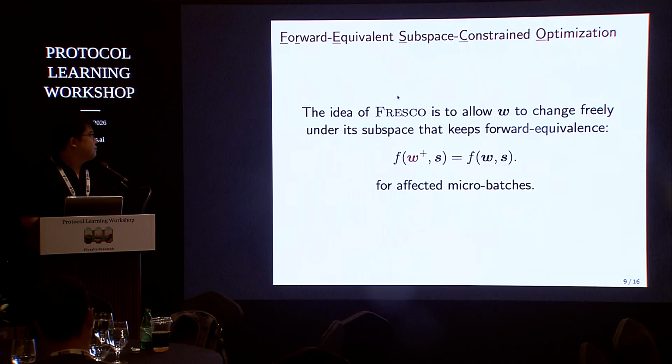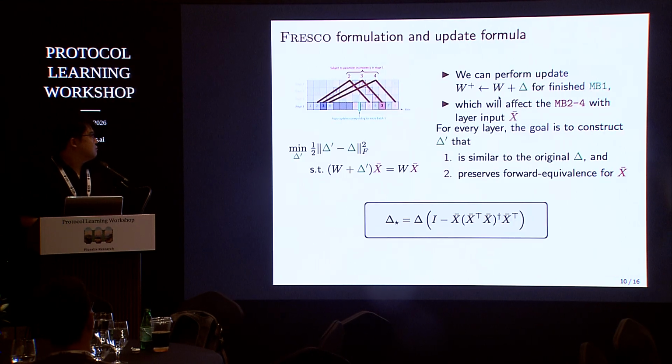So in FRESCO, for equivalence subspace constraint optimization, we aim to constrain this update so that the evolved weights would still preserve the forward behavior with respect to the micro batches we need to protect.